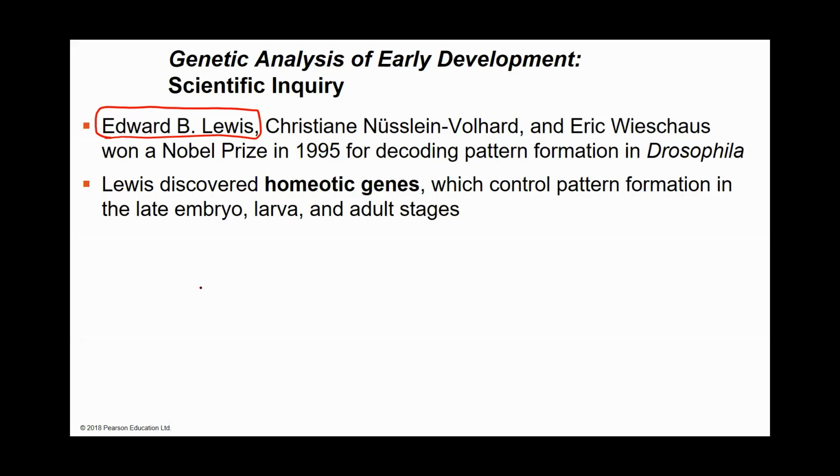So the idea here is that these flies will be mutagenized. So what Edward Lewis did, he introduced mutations into adult flies. So this is an adult fly. And he allowed these flies to mate.